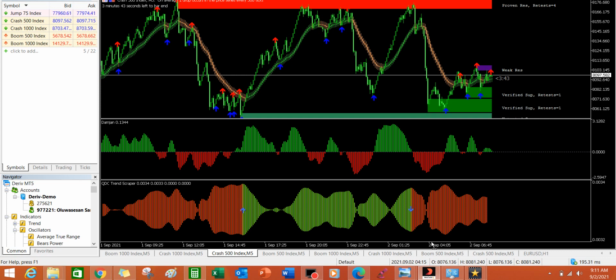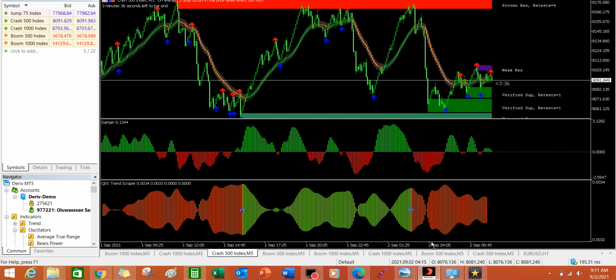So in that case, it means that you should be good with your technical analysis, and if you are not very good with that, then you need the help of some custom made indicators to help you out, and that is why I'm using the QDC scraper trading indicator to do that. It helps me to analyze the market easily.